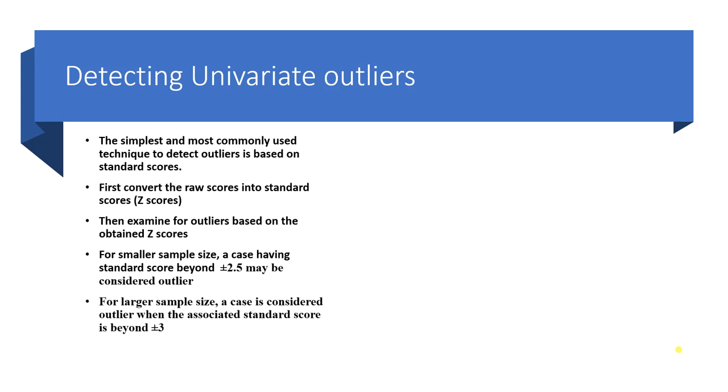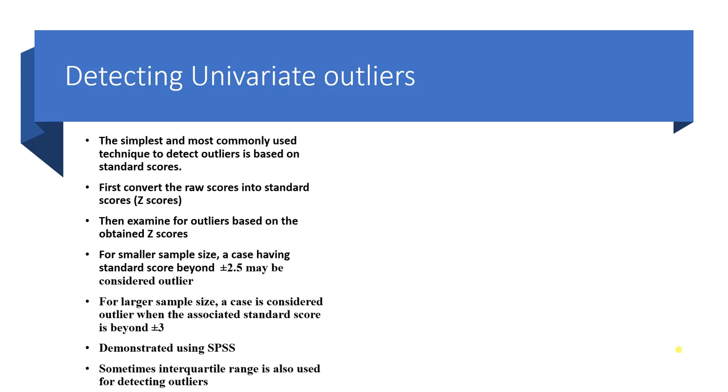For a larger sample size, we go for a little stricter criterion, and any case will be considered an outlier when the associated standard score is beyond plus or minus 3. So if the associated Z score is plus 3 or higher or minus 3 or lower, then that case will be considered a statistical outlier. And this is based on the assumption of normal distribution.